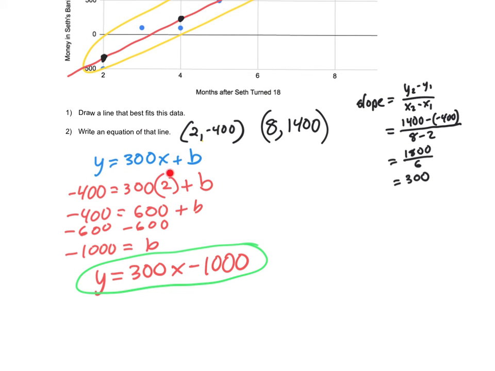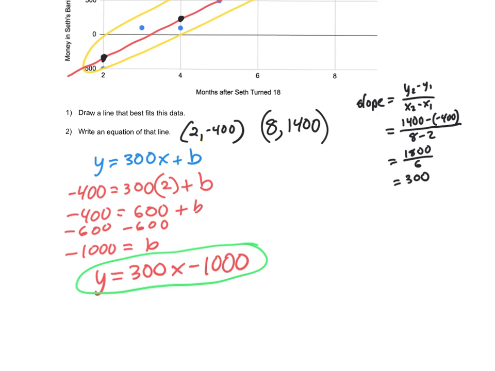I plugged in 2 for x, minus 400 for y, multiplied here to get 600, subtracted that 600 from both sides to get b by itself, and I end up with a b value or a y-intercept value of minus 1,000. So now I have my equation. My slope was 300, y equals 300x, and my y-intercept is negative 1,000. There is my equation of that line.